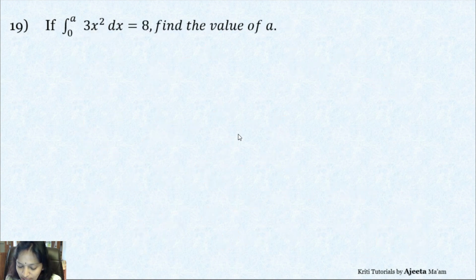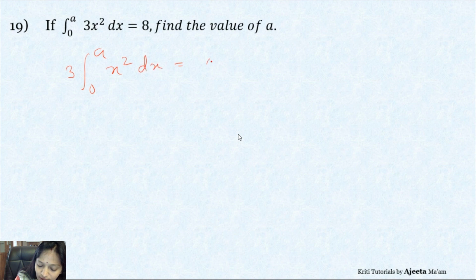Now let's move on to the next. Now here we get the integral from 0 to a of 3x square dx is equal to 8. Now this is a very simple question. 0 to a, 3 is constant, x square dx, and the value is given equal to 8. So 3, and here you get x cube by 3, and the limits are from 0 to a, and this is equal to 8.